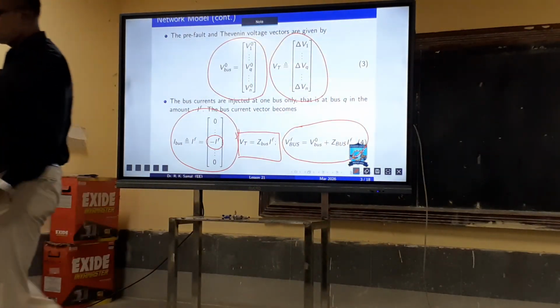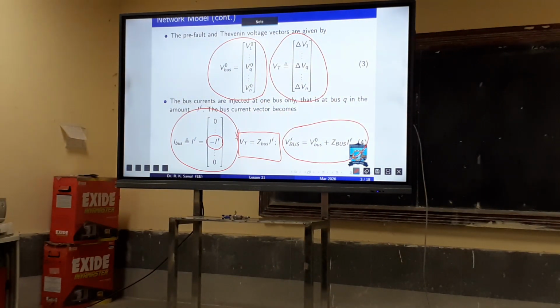We will see one example. So these are the principles behind fault computation on a systematic basis. Right now, these three equations: V bus, the Thevenin voltage, and the fault current. And we are taking one fault at a time. Therefore, the fault current is injected at that point only, the faulted bus.